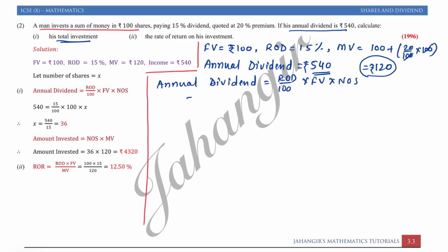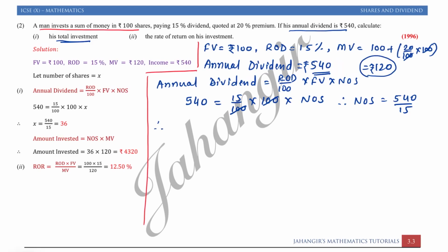So annual dividend is 540, that is equal to ROD 15% of face value 100 into number of shares. So cancelling 100, number of shares is equal to 540 upon 15.